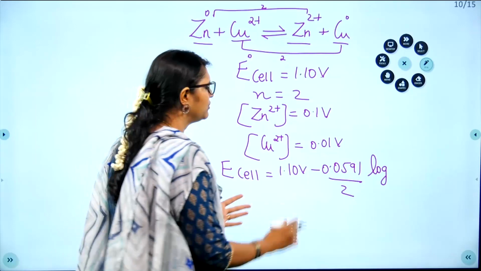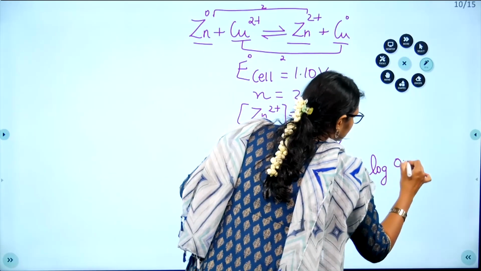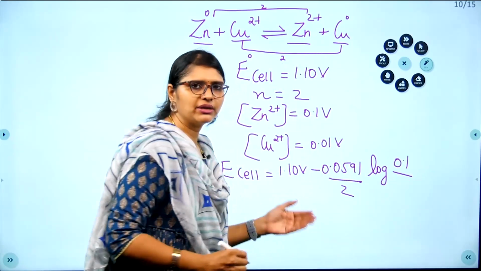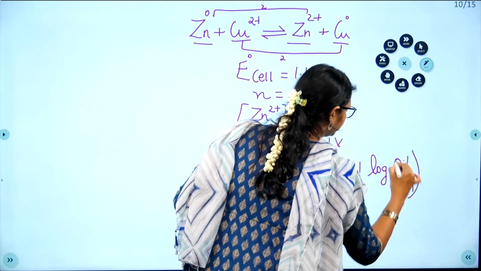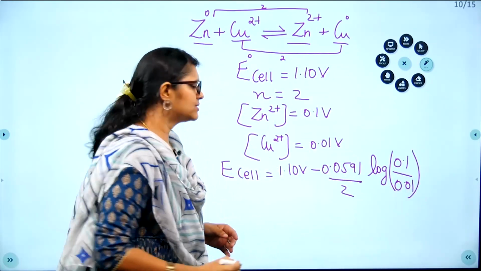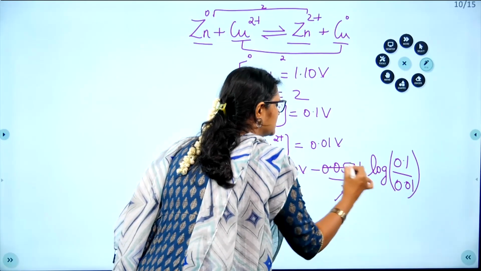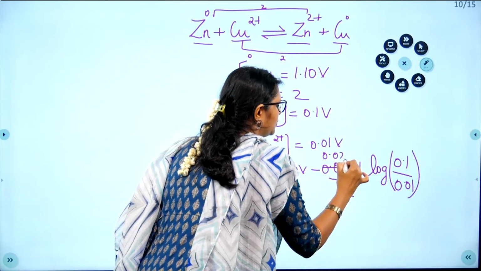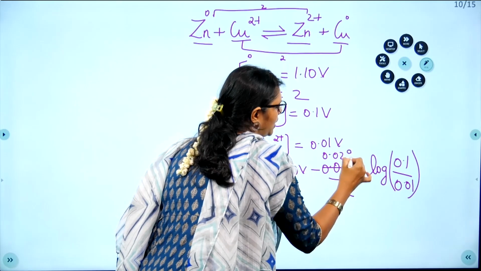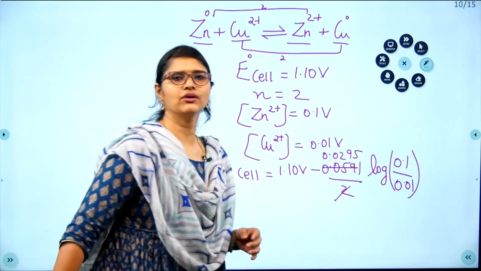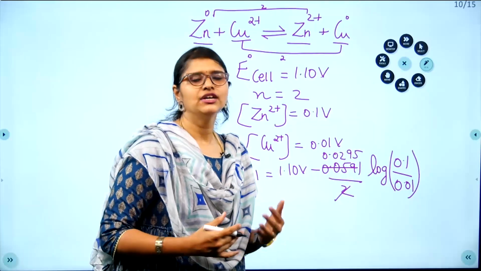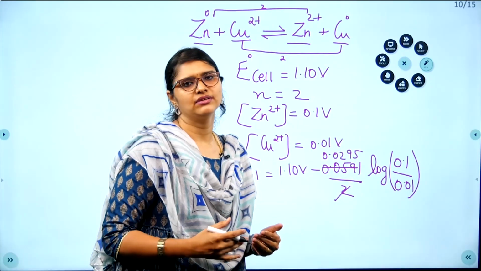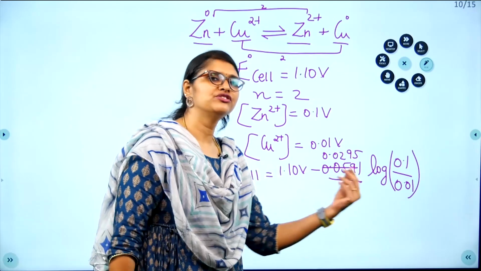So now we substitute: 0.1 divided by 0.01. So now we can cancel this. 0.0295. For simplification, you can round it off to 0.03.